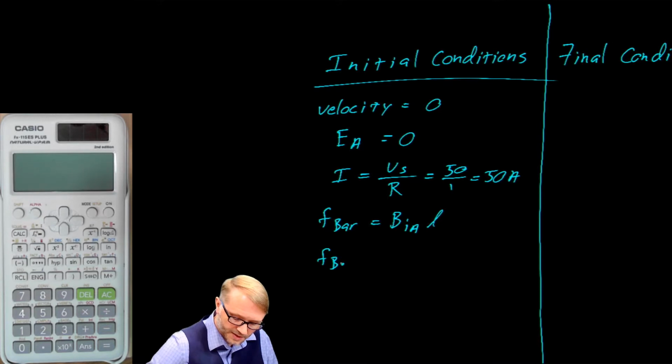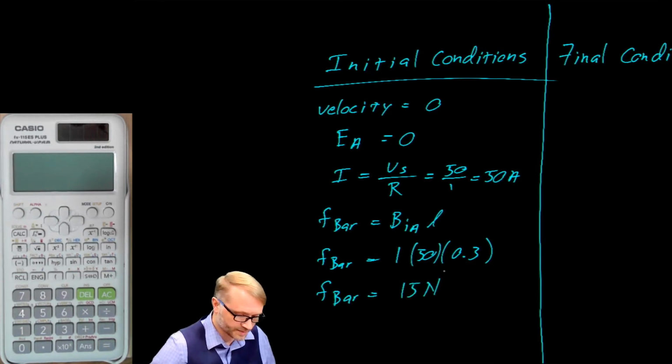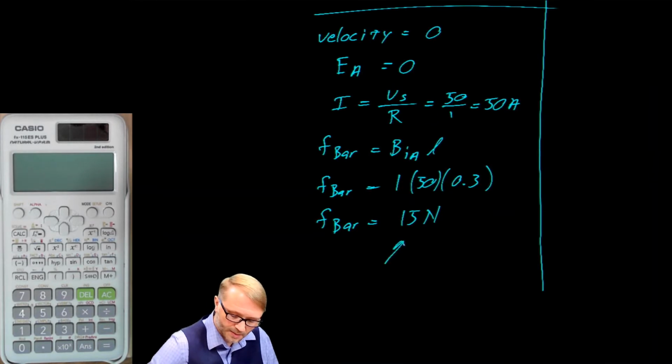So force on the bar is equal to 1 Tesla by 50 amps by 0.3. So we could talk about the force on the bar equaling 15 newtons, which works out to be about 3.4 pounds.